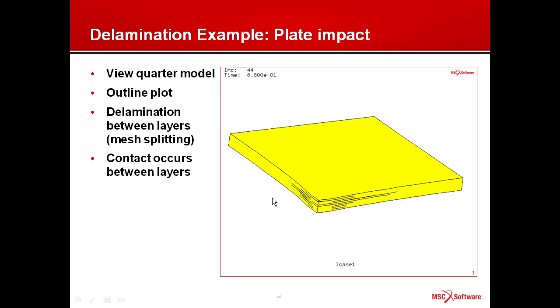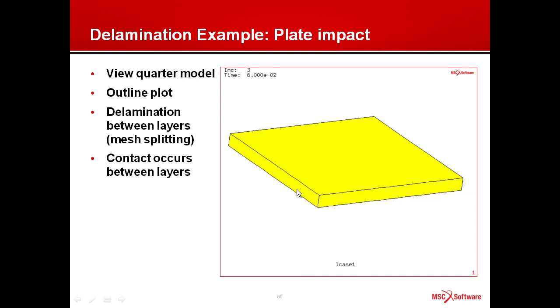Here you're seeing the plies delaminate from each other, and the delamination is progressively moving through the structure. What you're actually seeing is layers of solid elements being split as the stress criterion is met, and that's simulating the delamination in this structure. As soon as the delamination occurs and the elements are split, they go back to regular touching contact.